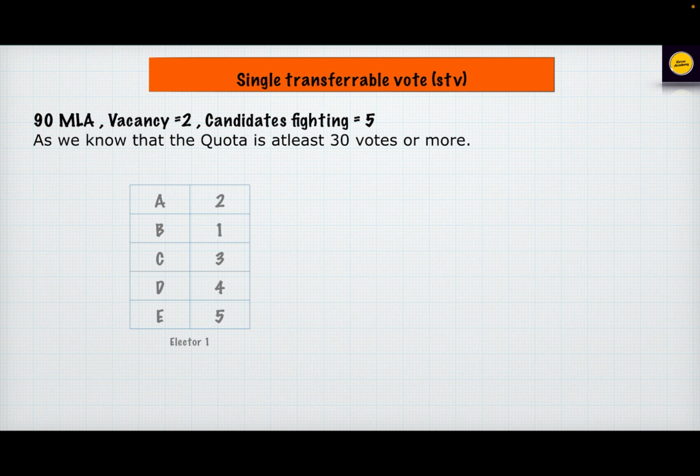If B is not selected, he wants A as the second preference, C as the third, and so on, with E as the last preference. His first preference is B. This is elector 1. In the same way, the 90 MLAs shall give their preferences.